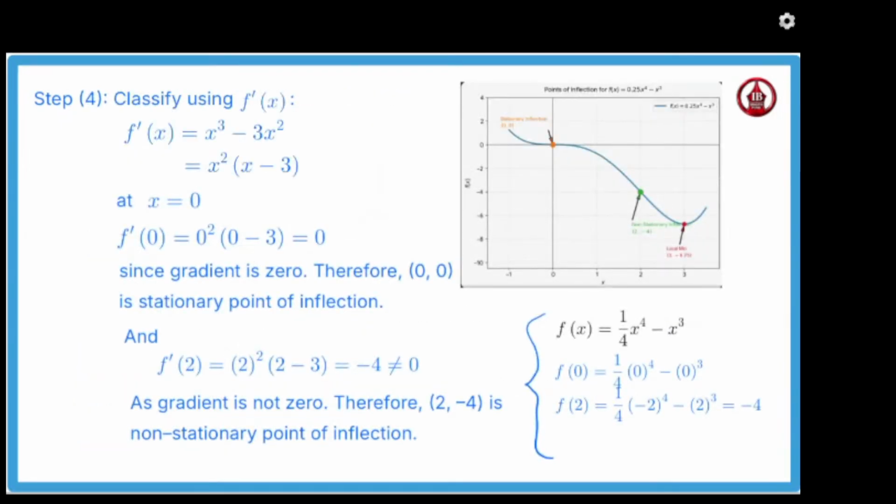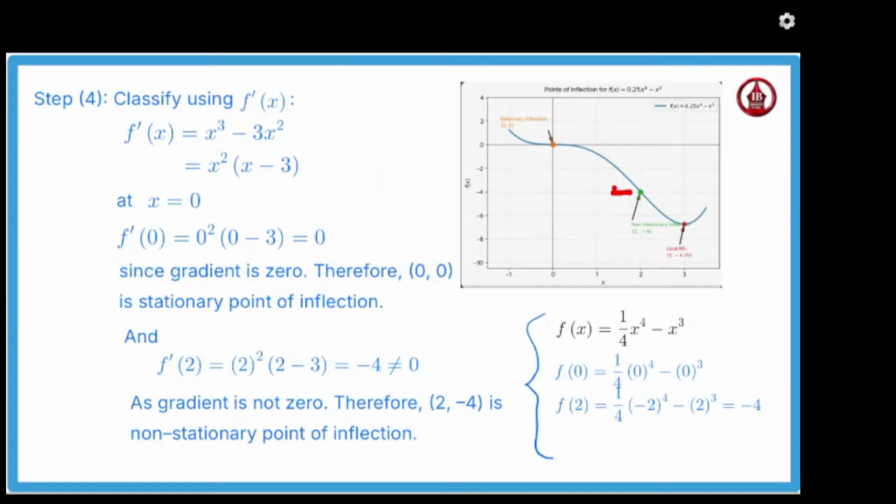So look at the graph. Here is the graph of the same function, right? This is that function. Its graph is here. So this is the point 0, 0. This is the point 2, negative 4. Now look here. To the left of 0, it is concave up. To the right of 0, it is concave down. Okay.